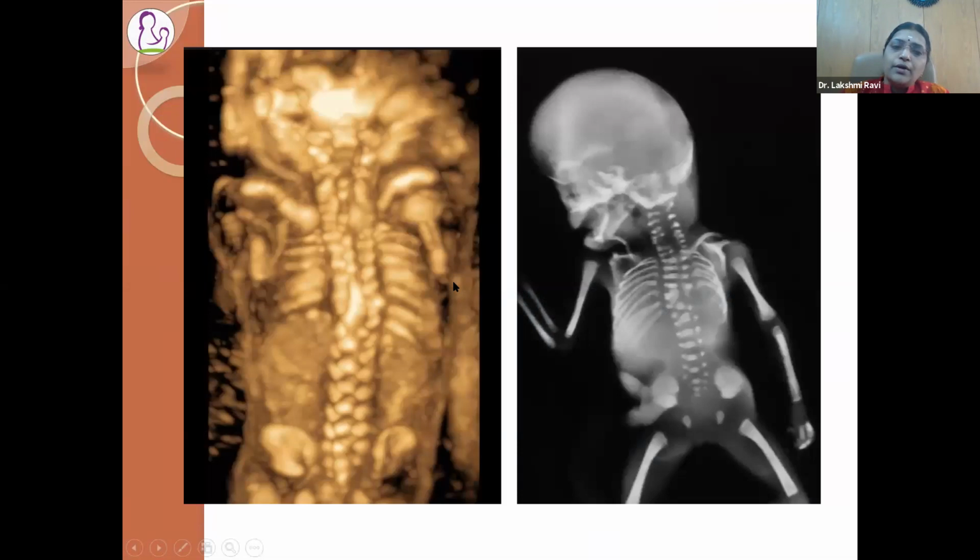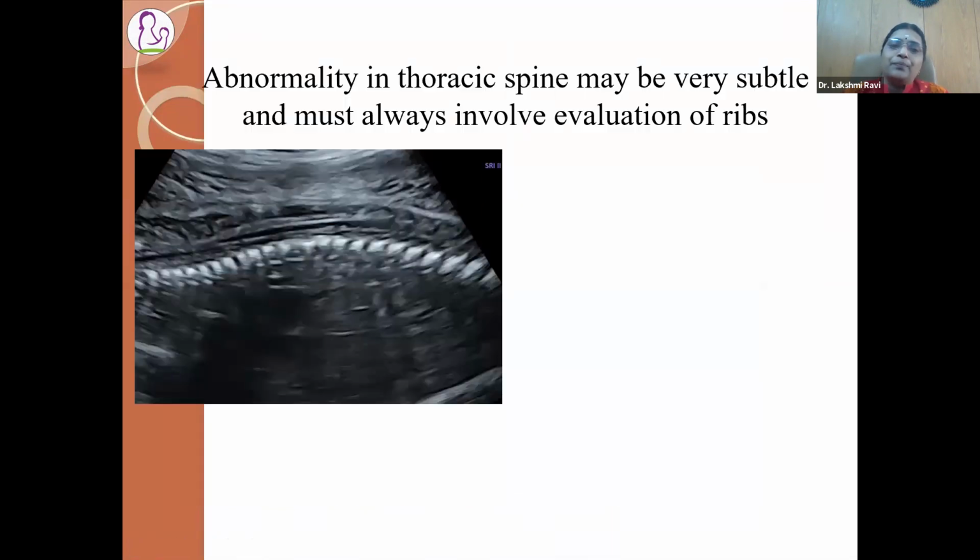So we go and do a detailed evaluation of the spine, and then you see those missing areas where the actual hemivertebrae are, and see the ribs missing here. Very easily you can document the missing ribs here on ultrasound. This is a simple advantage of a simple volume acquisition and looking at the spine in the C plane.